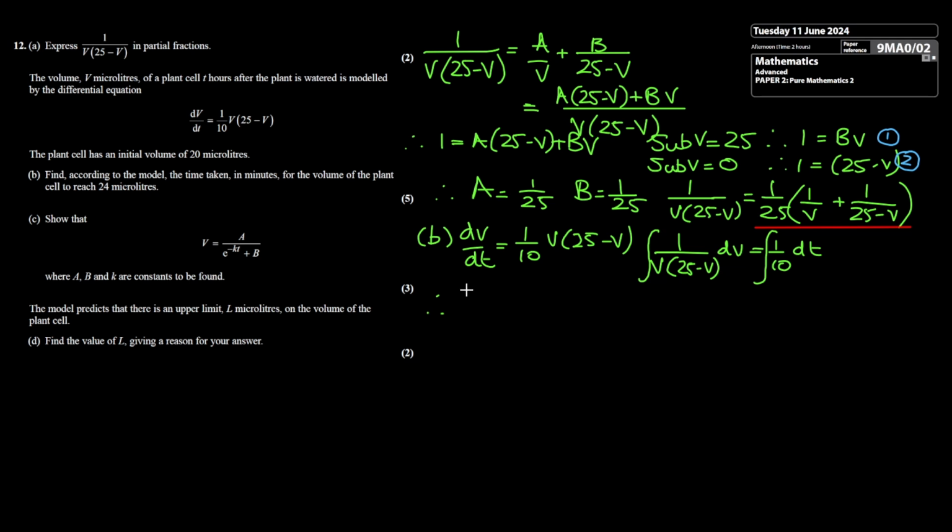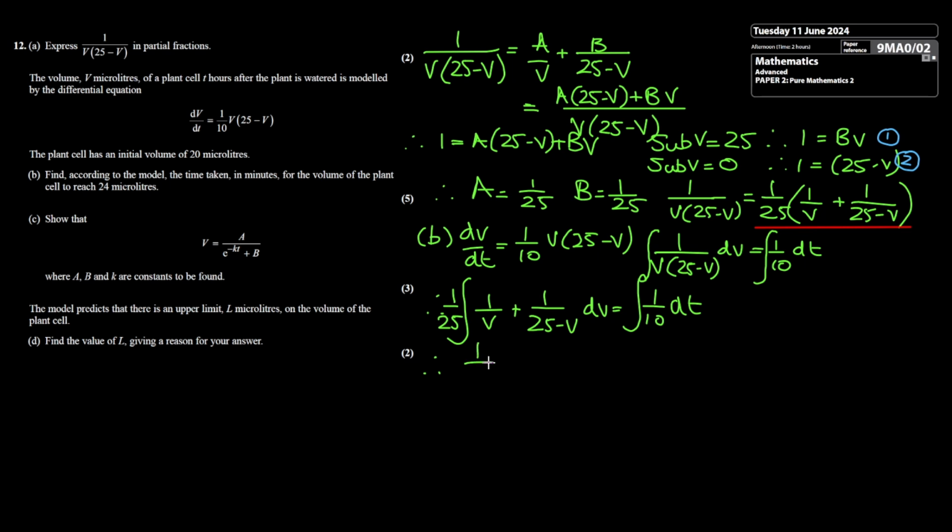So therefore I can say the integral now becomes, and I'm going to put 1 over 25 outside the integration, 1 over V plus 1 over 25 minus V dV is equal to the integration of 1 over 10 dt. A straightforward integral.